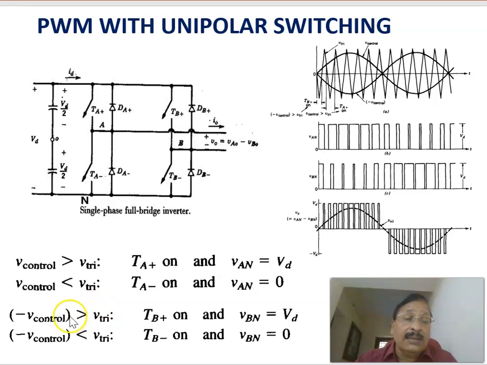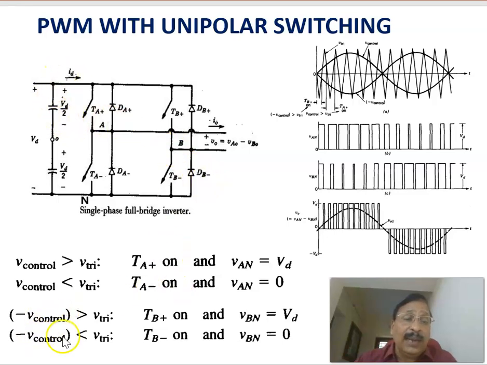Similarly, minus V control is compared with the triangular signal to control the second leg. When minus V control is more than VTRI, TB plus is on, and the voltage is equal to plus VD.